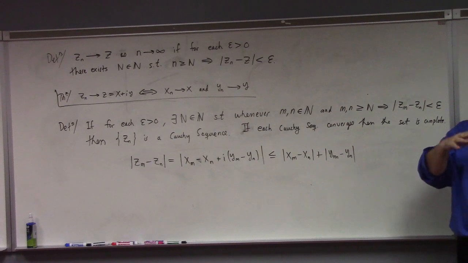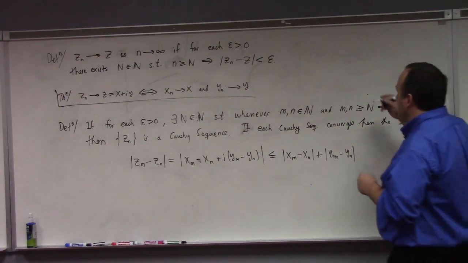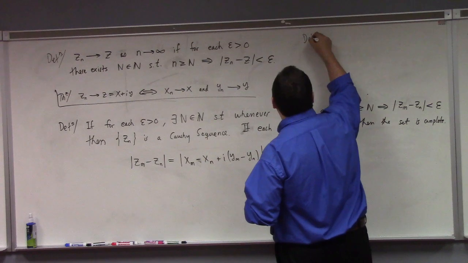But anyway, I'll help you more with that if you get stuck on it. I understand it may be intimidating at the moment. That's fine. So that's pretty much it for sequences. The properties of sequences still hold, like the limit of a sum is the sum of the limits, the product theorem, all that stuff. So next up, we talk about definition.